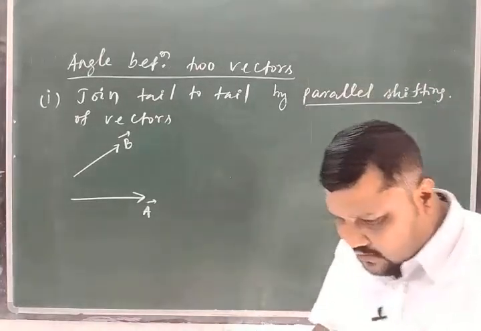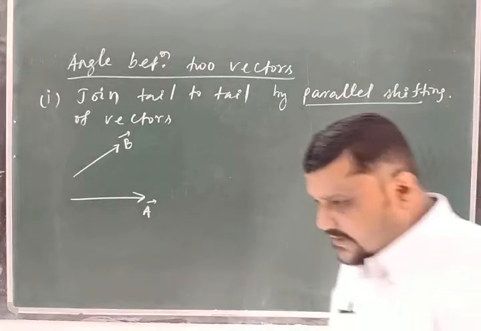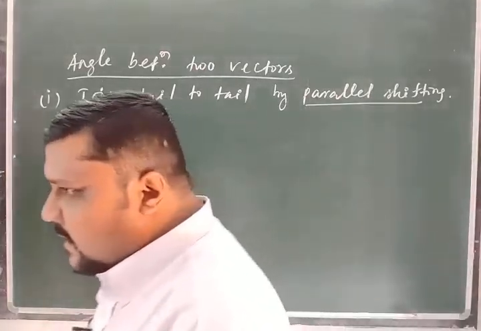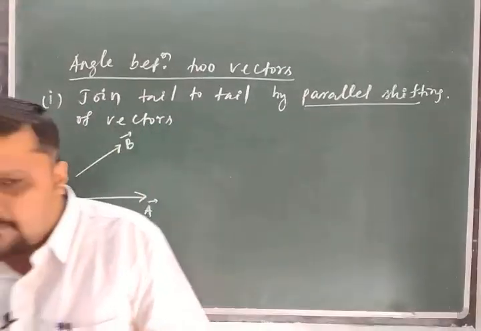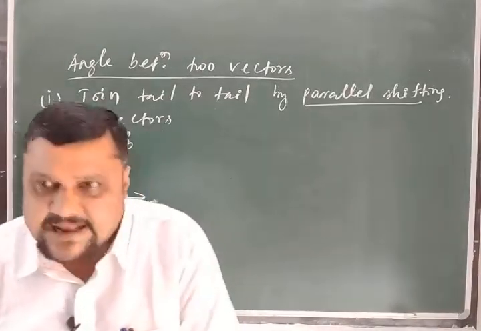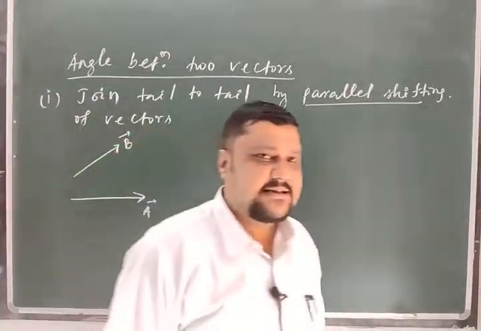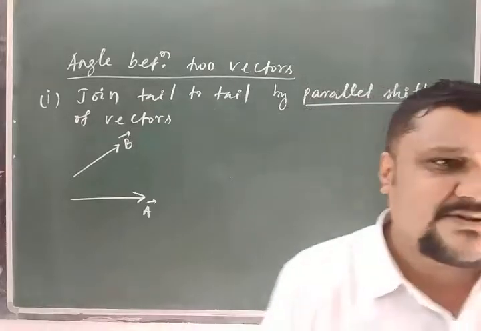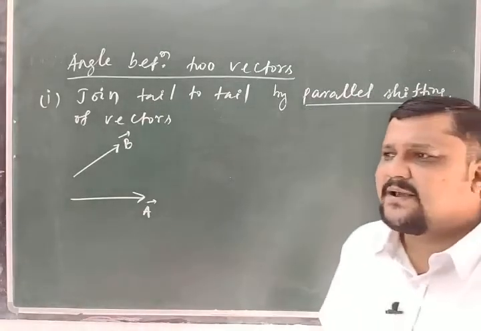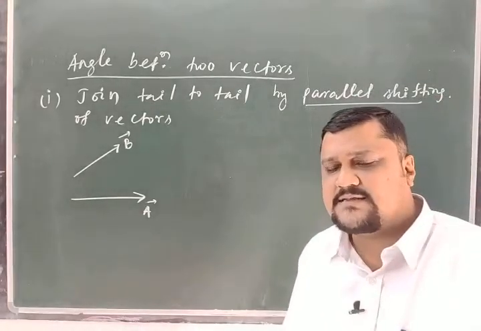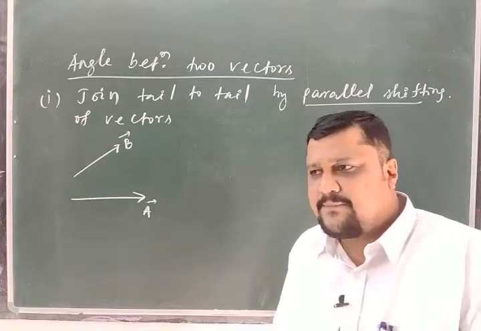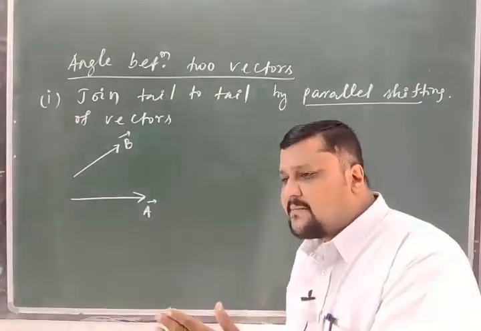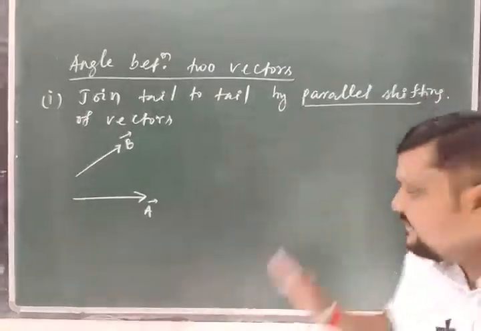First, you know that if we shift a vector parallel to itself, it does not change. The magnitude and direction do not change, because as you know from the parallel vectors definition, if you shift a vector parallel to itself, it does not change.